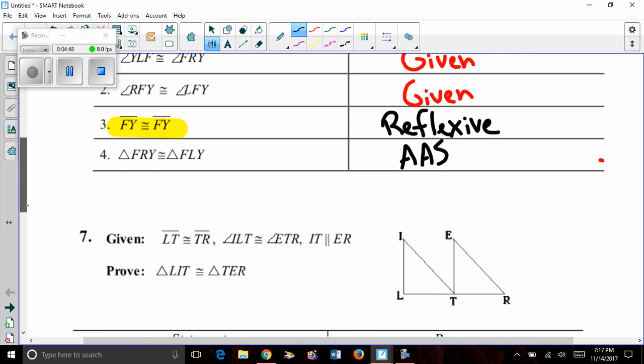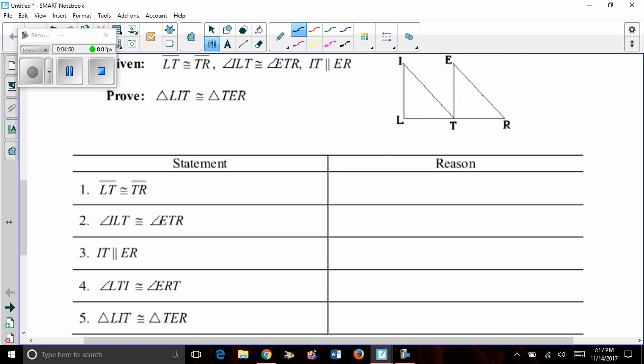All right, let's take a look at number 7. Got quite a few pieces here, and it looks daunting. I'll tell you what, that confuses my brain. Let's see what's happening. It says LT right here is congruent with TR.